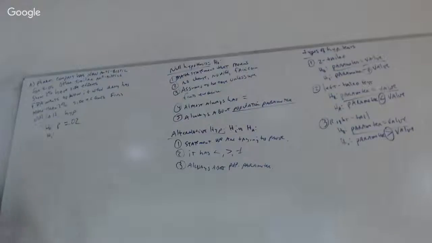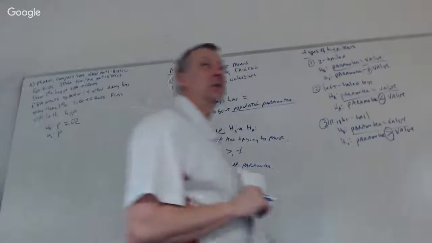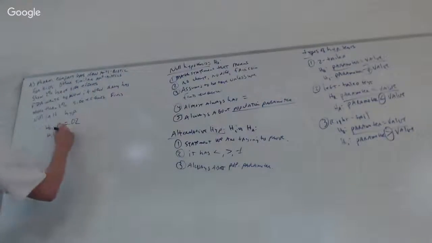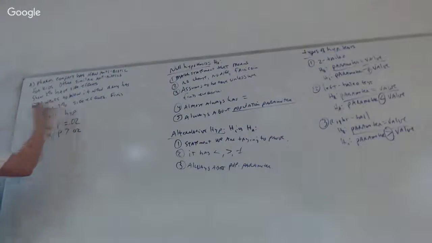So I'll help you out. There's going to be a P in your alternative hypothesis. Now, is it going to be less than, greater than, or not equal to, and why? Greater than 2%. Greater than 2% because? We want to know if the new drug has more than 2% side effects. More than 2%, that's the key phrase there. Okay? Well done.